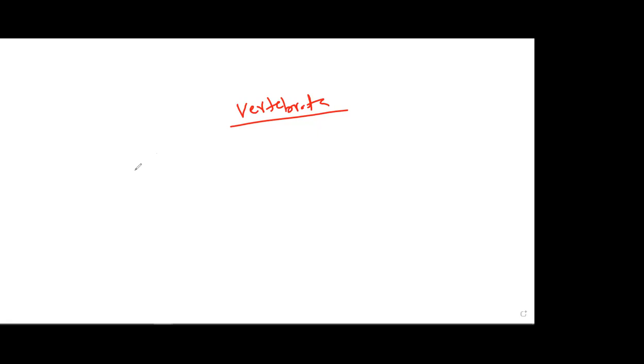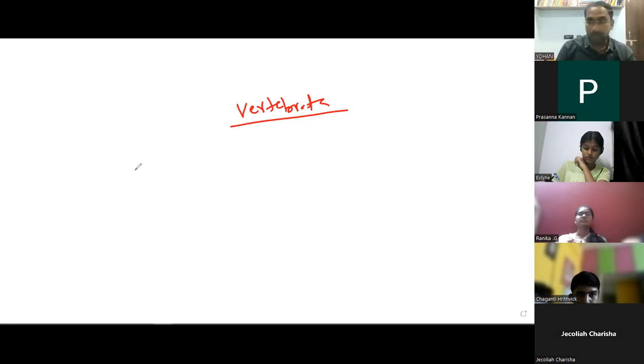Correct. Why? Because every vertebrate has a notochord during development. Even in human beings we can find notochord, but during the growth of the embryo, the notochord is replaced by the vertebral column. So we can consider this a true statement.